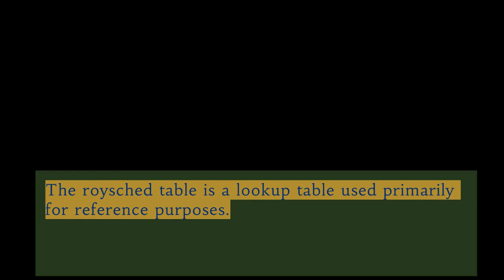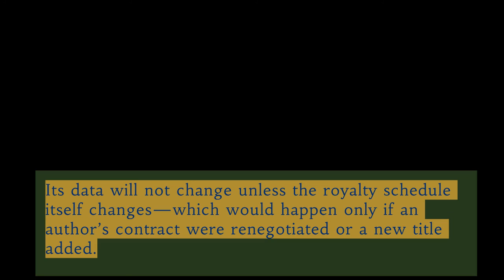The ROI schedule table is a lookup table used primarily for reference purposes. Its data will not change unless the royalty schedule itself changes, which would happen only if an author's contract were renegotiated or a new title added. That makes 9 tables in all.